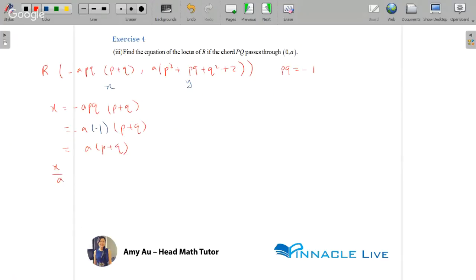And the next step I want to do is square everything. Why I want to do that is I want components involving P square and Q square, just like some of the other ones we've looked at today. And then PQ is -1, so I'm going to sub it in again.